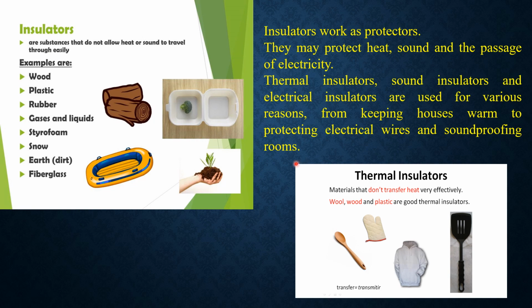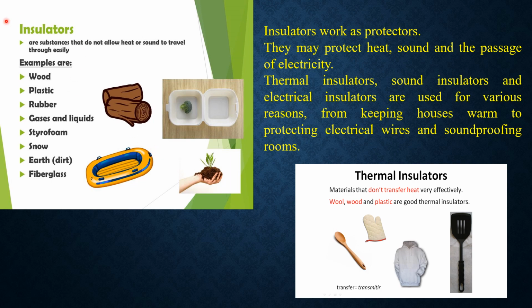Now coming to the point, insulators. These are some examples of insulators which do not allow heat or sound to travel through easily. Insulators are divided into three different segments: thermal insulators, sound insulators, and electrical insulators. The basic work of an insulator is to protect against heat, sound, and the passage of electricity. Examples are wood, plastic, rubber, gases and liquids, styrofoam, snow, dirt, fiberglass.